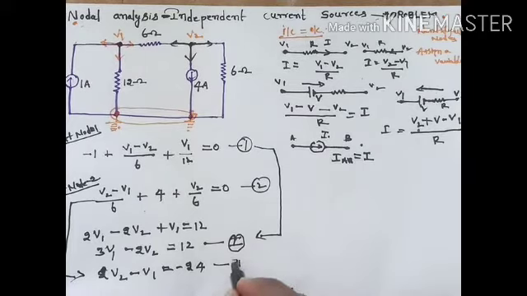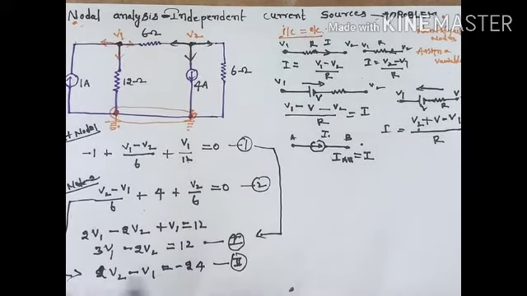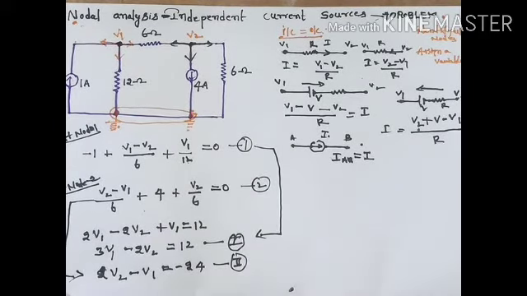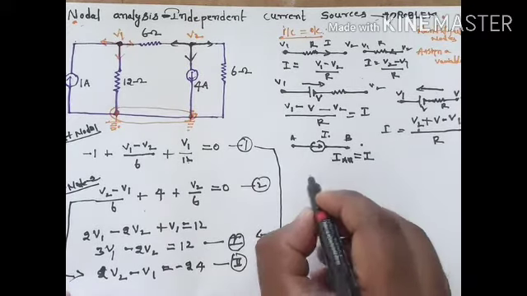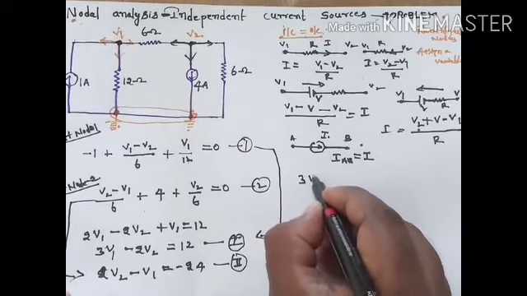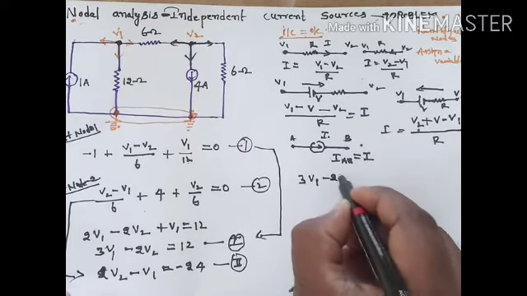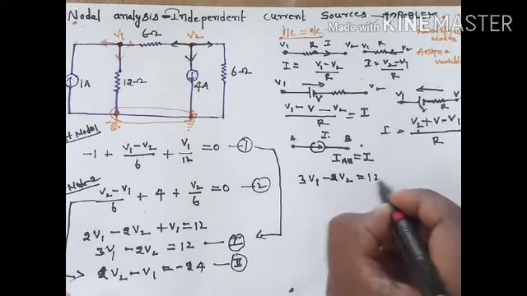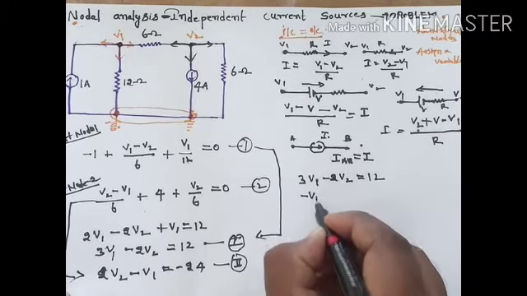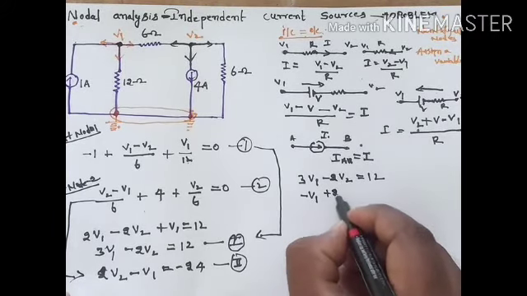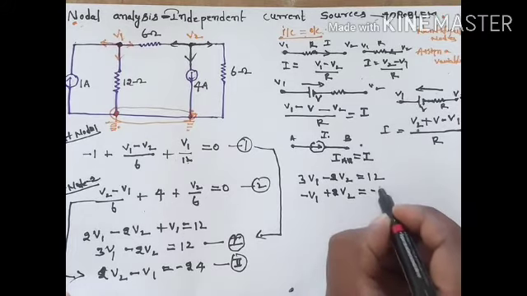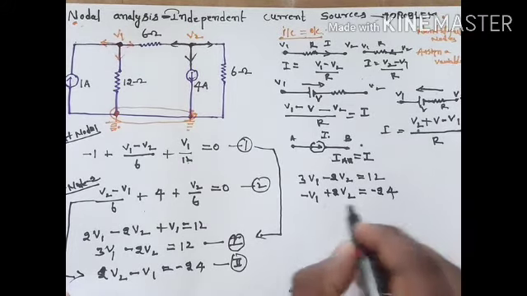This is equation number 2, and by solving these two equations we will get the V1 and V2 values. So here we have 3V1 minus 2V2 equals 12, and minus V1 plus 2V2 equals minus 24, right?